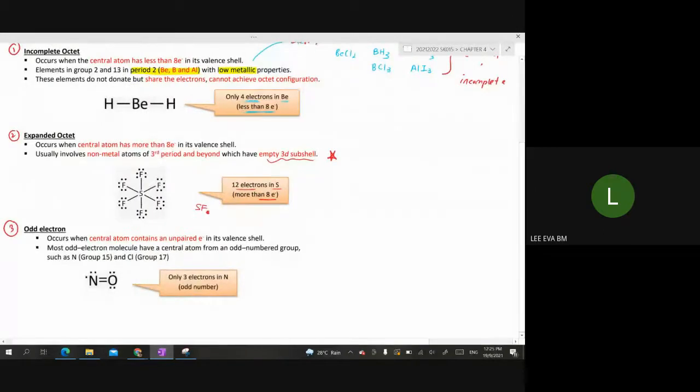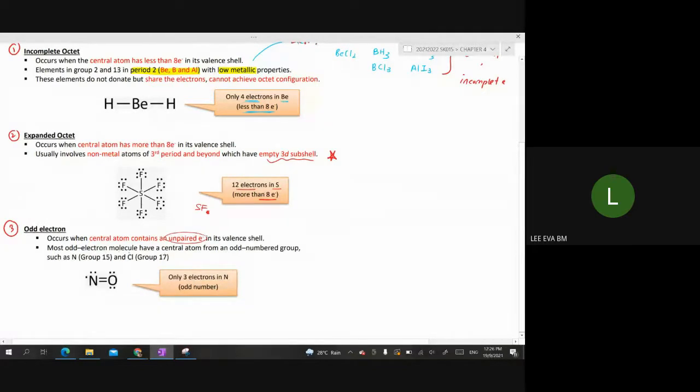Okay, last one, odd electron octet is less common. It's found only for group 17 and group 15. They're very rare. You can see this example. Odd electron octet is when your central atom contains an unpaired electron. That means only one single electron in the structure.